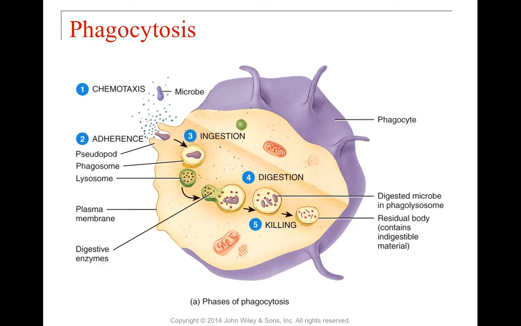Anything that can get recycled is going to remain or get exported for the ability to be transformed into whatever it's going to make. So building blocks are going to be sent out to other cells or kept within the cell for its own metabolism. And then whatever is unable to be digested would be a residual body, and that's going to be secreted and then popped back out into the interstitial fluid.